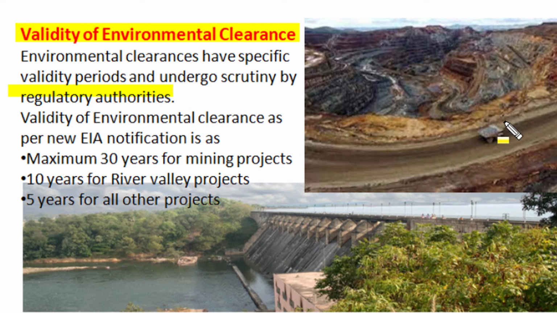For mining projects, this validity of environment clearance is a maximum of 30 years, and for river valley projects, this environment clearance is valid for only 10 years, and after 10 years the project again has to apply for environmental clearance with the same procedure. And for all other projects, the validity of environment clearance is only 5 years.